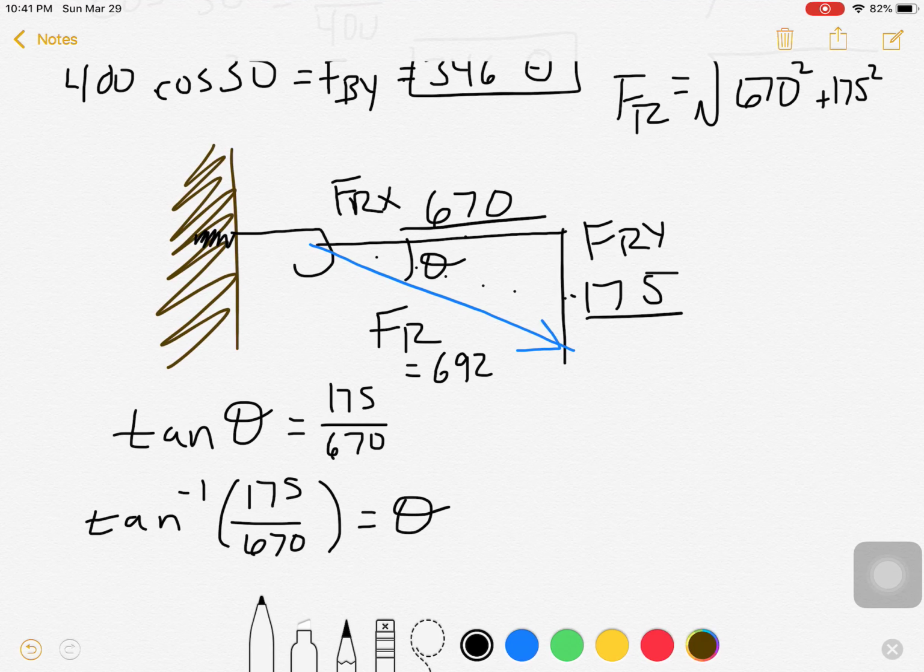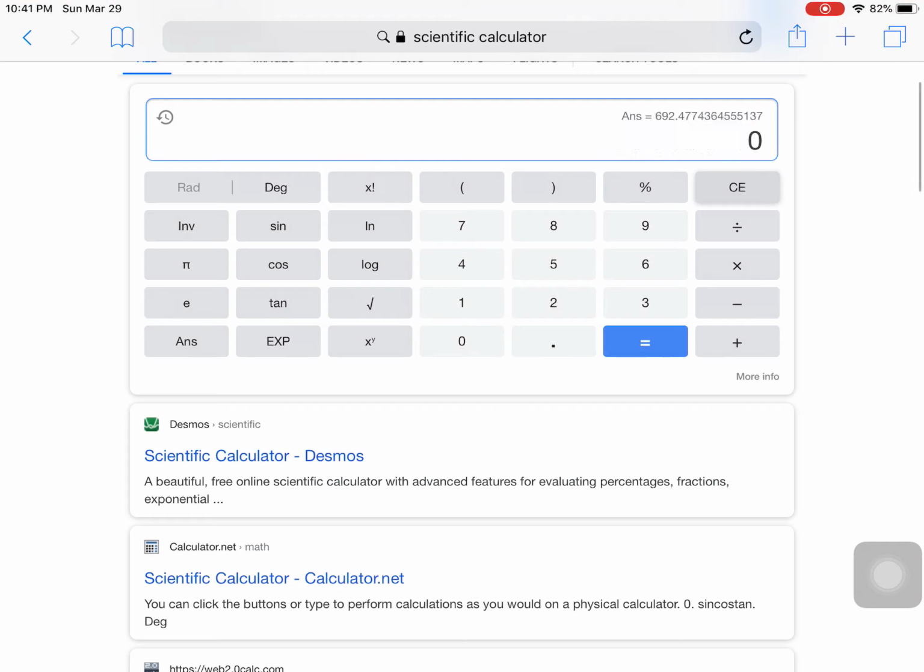And again, if you have any trouble with this, go back and look at the inverse trig video from last week. So let's find that angle, 175 over 670. So 175 divided by 670 gives us the decimal, and now we want to take the inverse tangent of that.